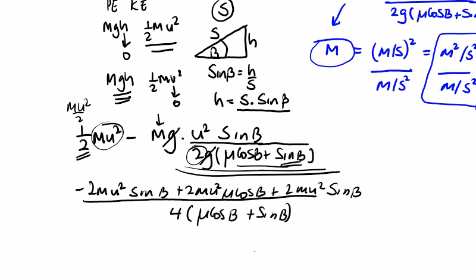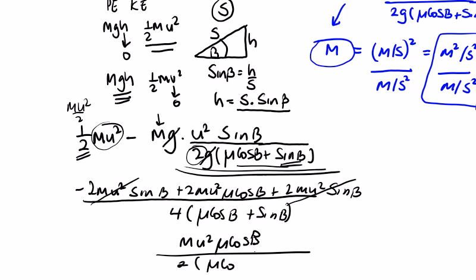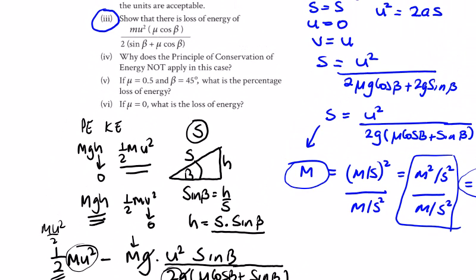So these actually cancel: we have 2 u squared sine beta and minus 2 u squared sine beta. If we divide top and bottom by 2, we're going to get u squared mu cos beta over 2 times mu cos beta plus sine beta. Is this what they were looking for? u squared mu cos beta, and we have the same denominator.